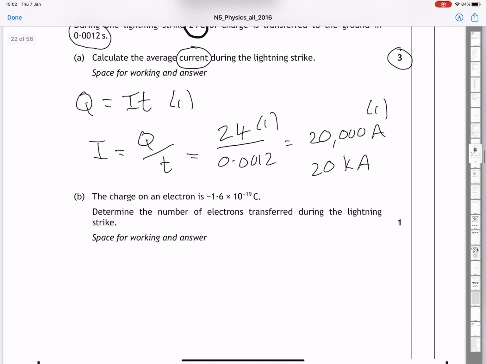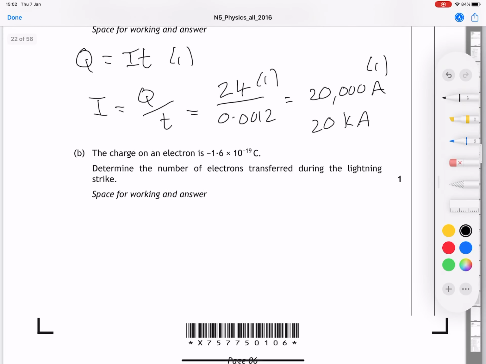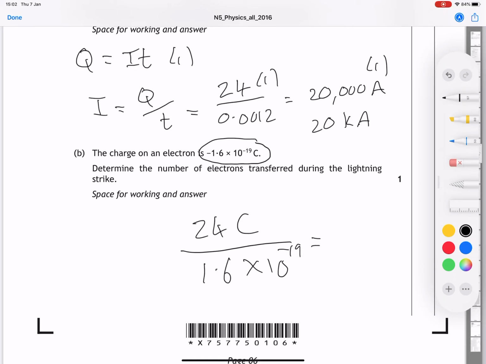Mark yourself out of 3. Right, this is a bit of a problem solving question. They've told you that the charge on an electron is minus 1.6 times 10 to the minus 19. So you have to determine how many electrons were transferred during that lightning strike. You know there was 24 coulombs, and the charge on each one is 1.6 times 10 to the minus 19.